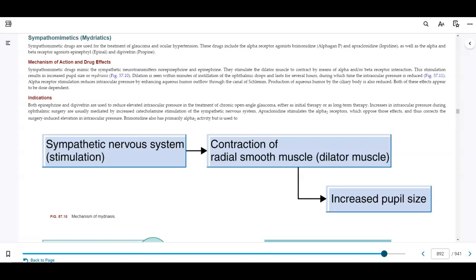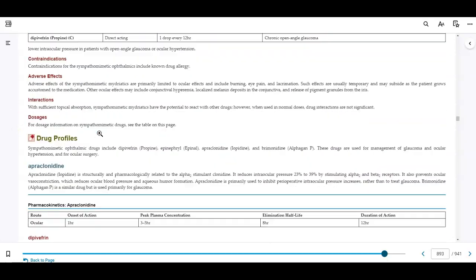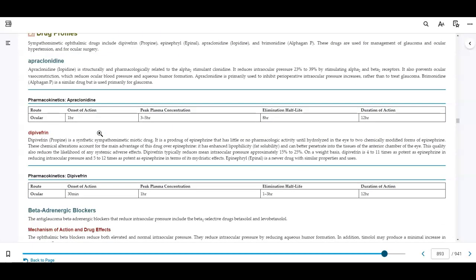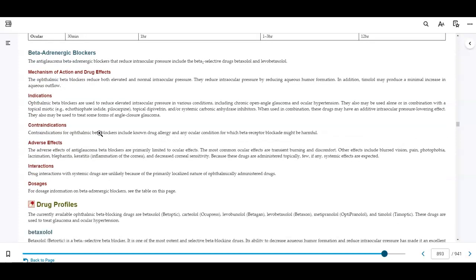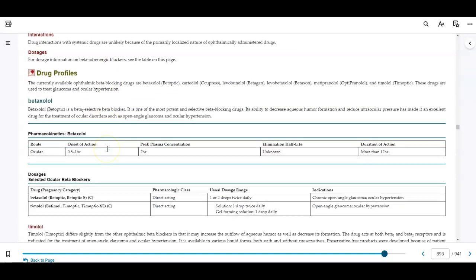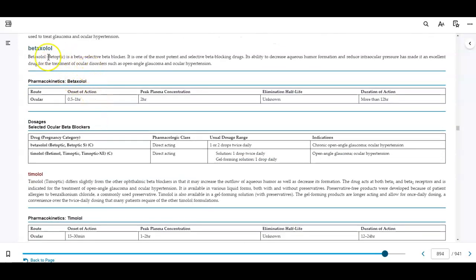I do have a little bit on beta adrenergic blockers because we seem to see a lot of individuals that'll come into the hospital with something else, but then they'll be on these medications for their glaucoma, but we might be treating them for a gallbladder or something like that. But then they'll bring these from home. So I wanted you to be aware of some of them if you see those in the hospital setting.